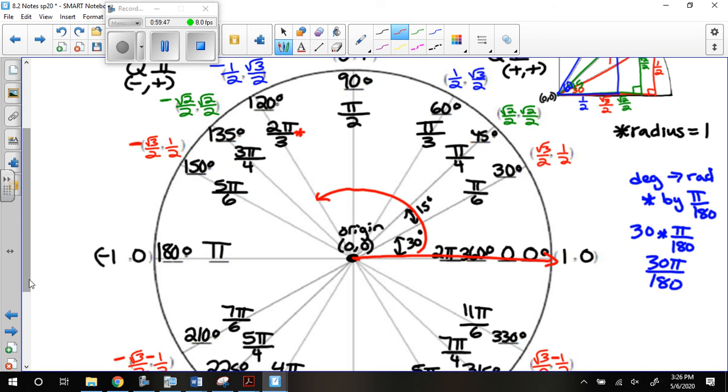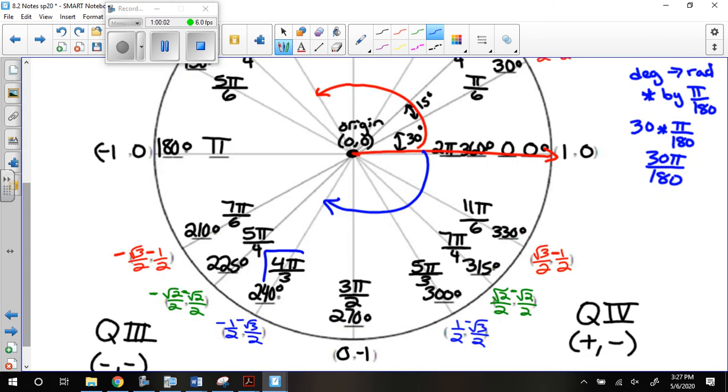Well, since I'm going in the negative direction for negative 2 pi over 3, I would go down through one quadrant and then 30 more degrees, which would land me on 4 pi over 3, which I said was coterminal with it anyways.